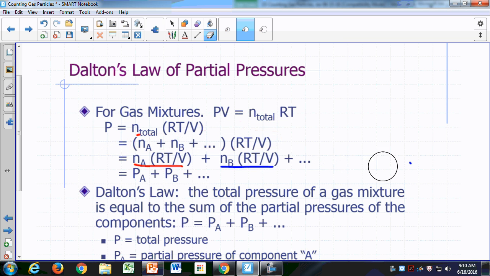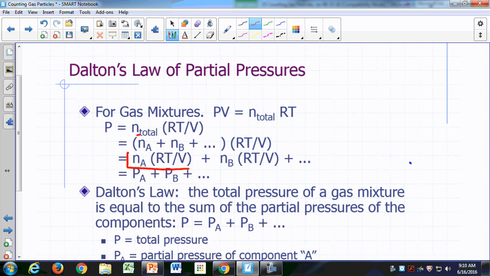If you look at it closely, n sub A times RT over V, that's just the partial pressure of A. n sub B times RT over V, that's just partial pressure of B. In other words, what we're saying is that the total pressure of a gas mixture is just the sum of the partial pressures of the components.